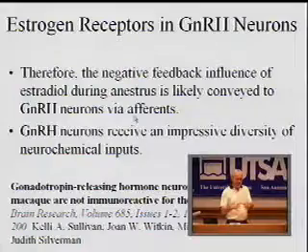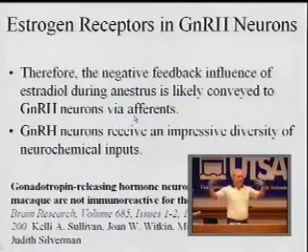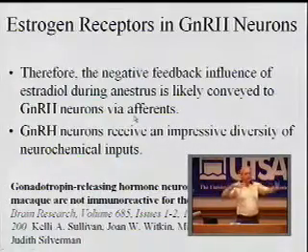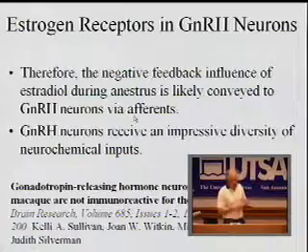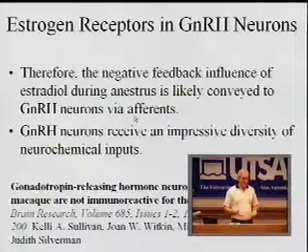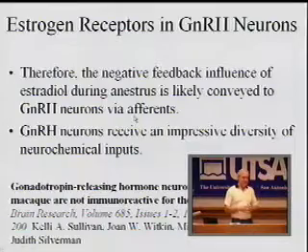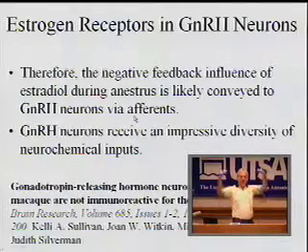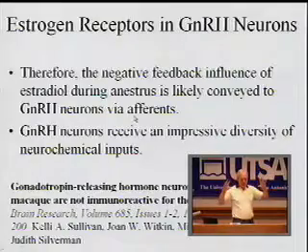But with the GnRH neuron, you've just got differential neuronal circuitry where you might have estrogen receptors of different affinities. High affinity at low concentrations, at low numbers of receptors, and low affinity receptors at higher concentrations or numbers of those receptors.